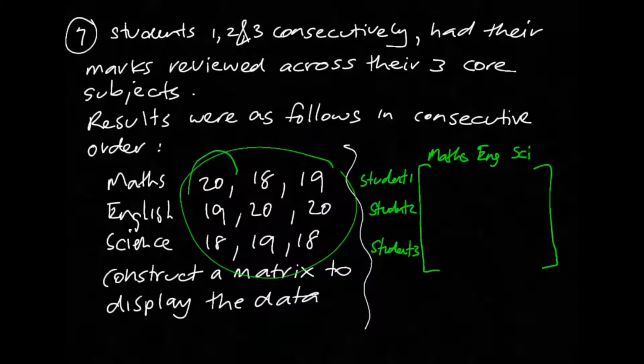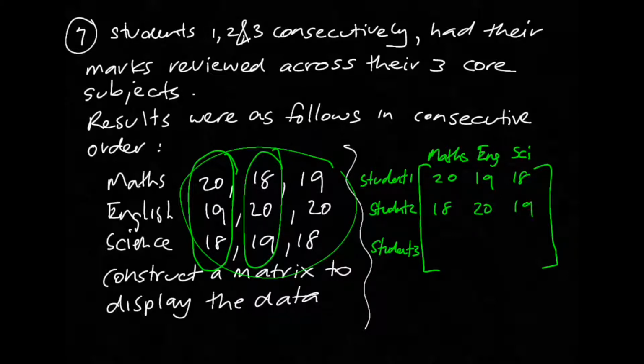Okay, now student 1 had those results, so for maths it's 20, English is 19, 18. Student 2 had those results, so we've got 18 for maths, 20 for English and 19 for science. And student 3 is 19, 20 and 18.